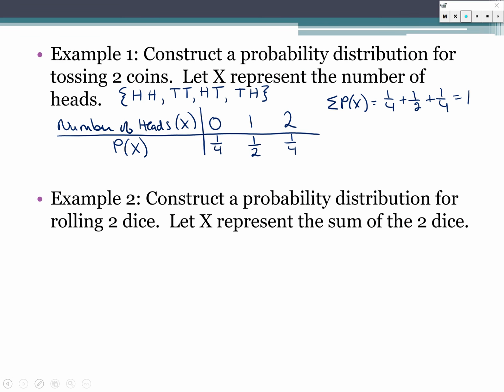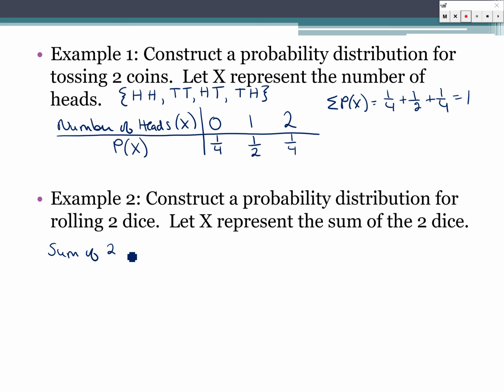So let's step it up just a little bit, with something with a larger sample space. Construct a probability distribution for rolling 2 dice, and the specific event we're going to look at is the sum of those 2 dice. So not only are we looking at the sample space, but more specifically, the sum of the 2 dice is the event we're looking at.